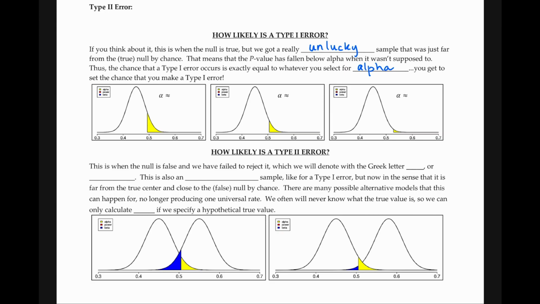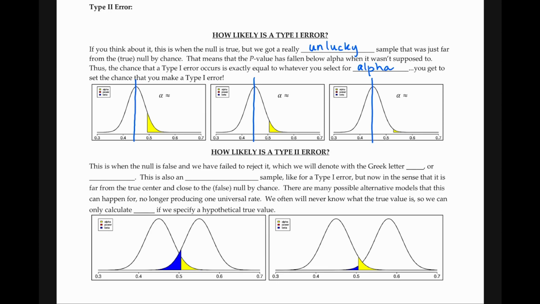So, for example, all of these are different sampling distributions that are all centered at 0.45, because I'm going back to that vaccine context from before here. So we have here different alpha levels that are set for us.